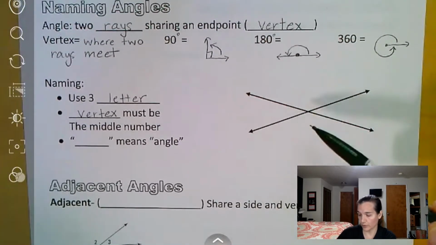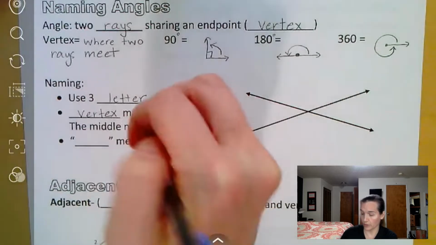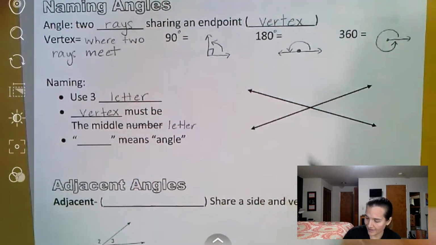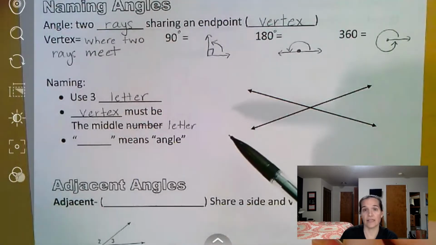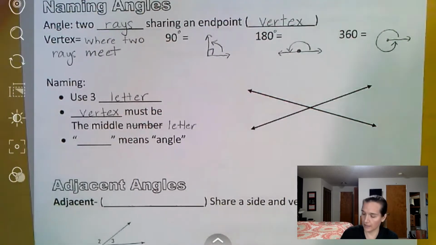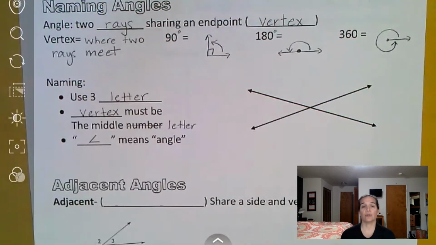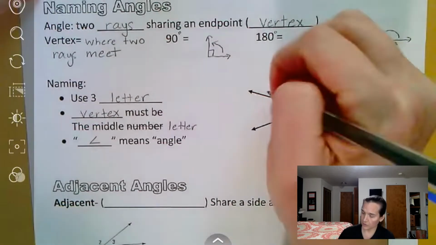Again, when there are multiple angles, the vertex has to be your middle letter. And this little symbol here is the symbol in geometry for angle. So instead of writing the word angle, I'm going to be using that symbol in place of the word angle. So let's take a look over here.